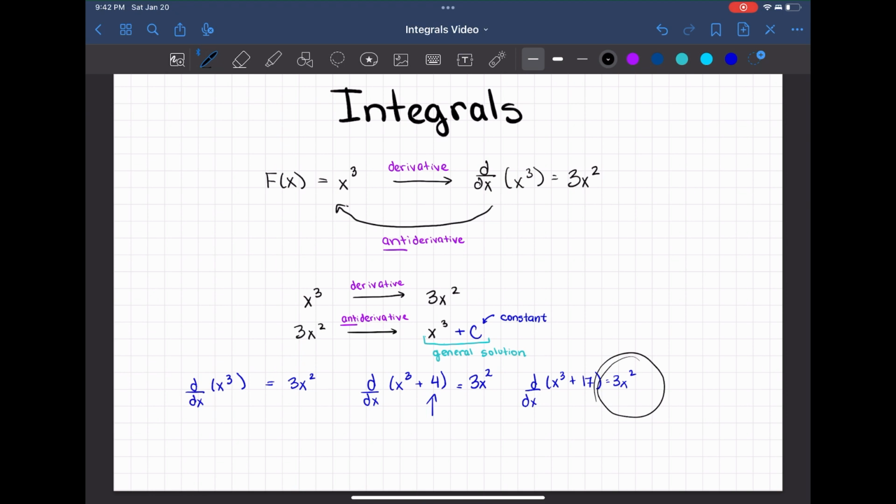Well, that again is going to be 3x squared. So we see that there are many different antiderivative answers for 3x squared, because many different functions give us the same derivative, right? So in order to encompass all that, we just add a simple constant.